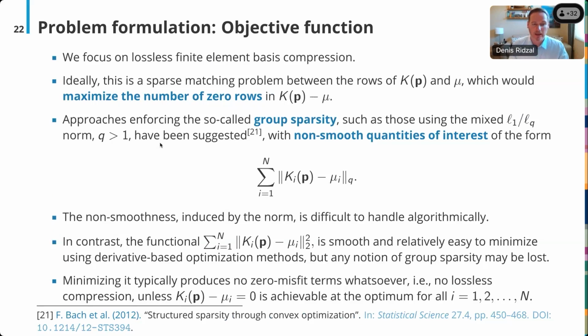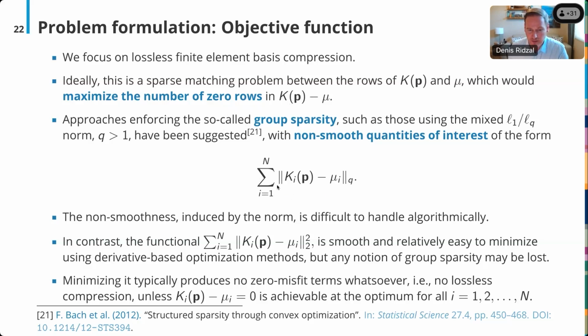And there are approaches that solve this problem. They are based on the concept of group sparsity. There's a nice paper here by Buck and others. And they use the mixed L1 LQ norm. And here is one such quantity. You can plug in 2 here for Q, for example.